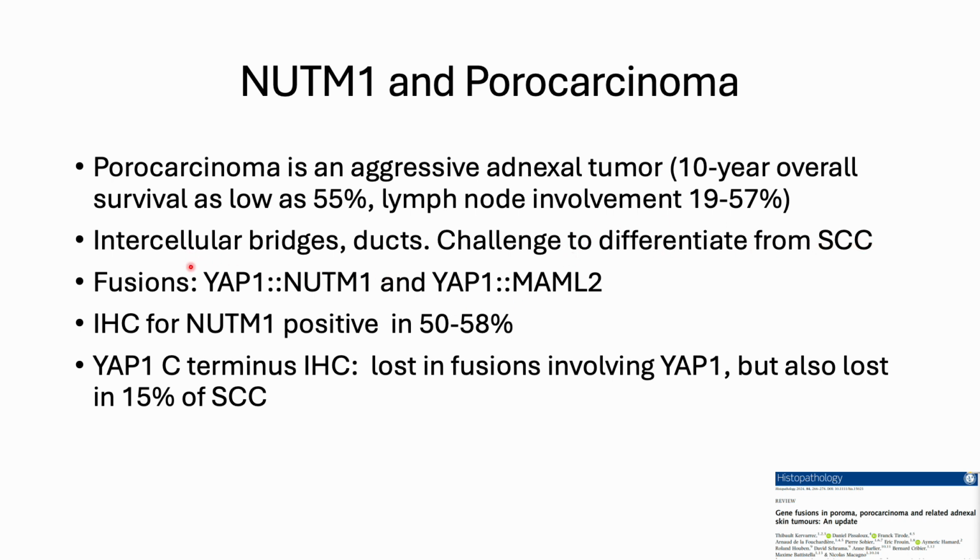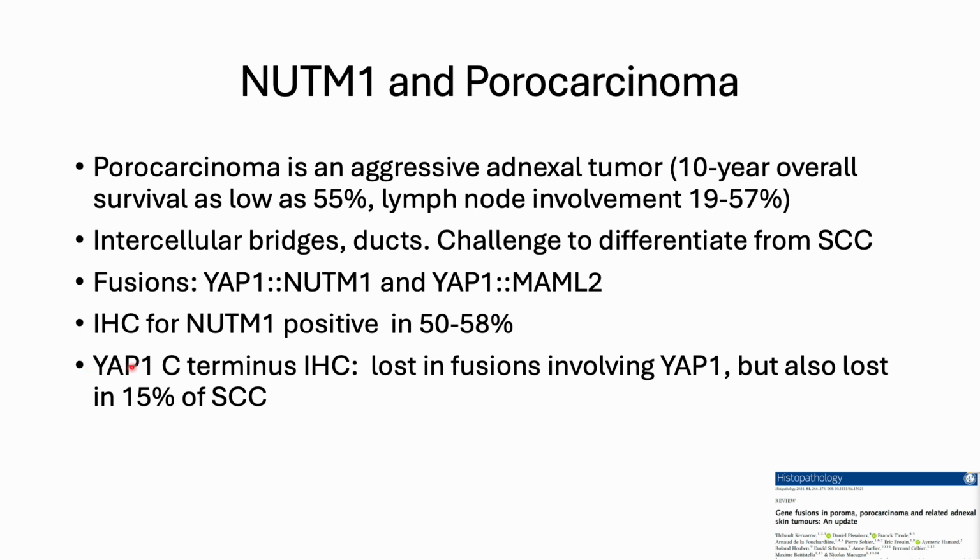But porocarcinomas have fusions, YAP1 NUTM1 and YAP1 MAML2 fusions. And we can use these to distinguish from SCC. So the immunohistochemistry for NUTM1 is positive in 50 to 58% of tumours.